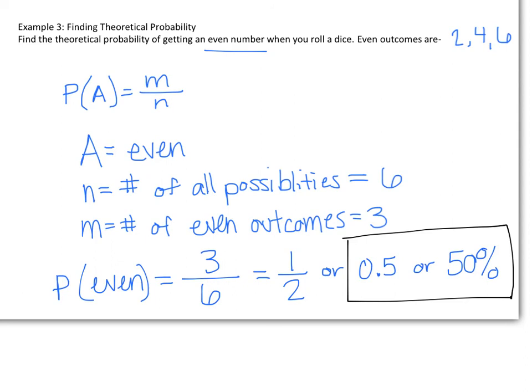All right? So figure out what you want. Figure out the number of total possibilities on the bottom. What we want goes on top, the total number of possibilities goes on bottom. And then the number of what we want, so how many options are there for what we want, goes on top. All right? And then you just reduce.